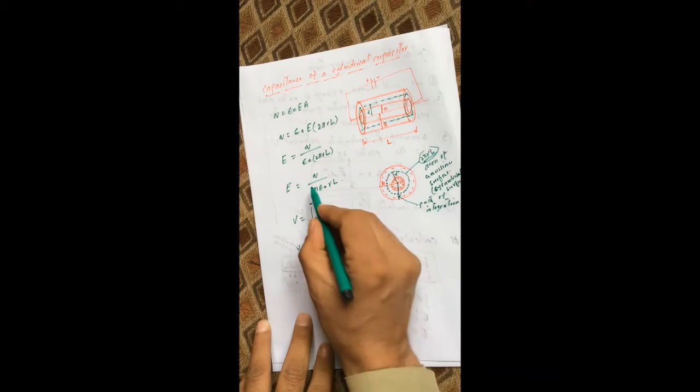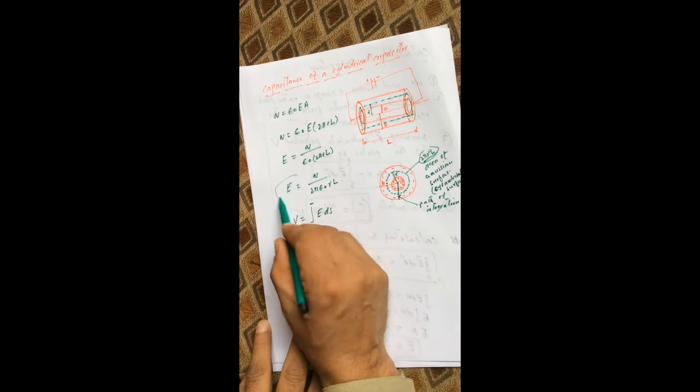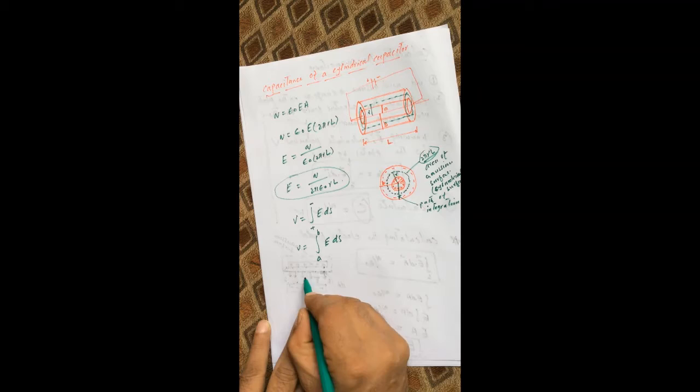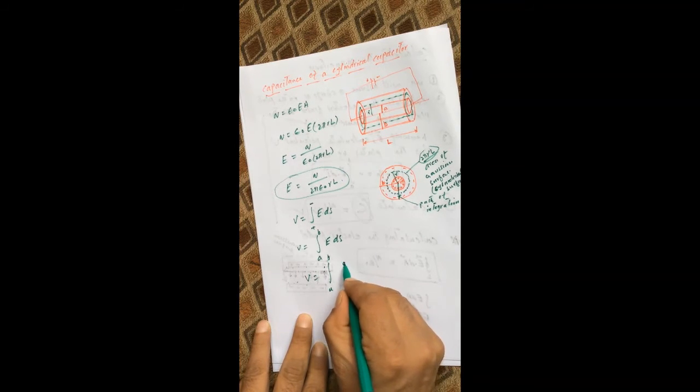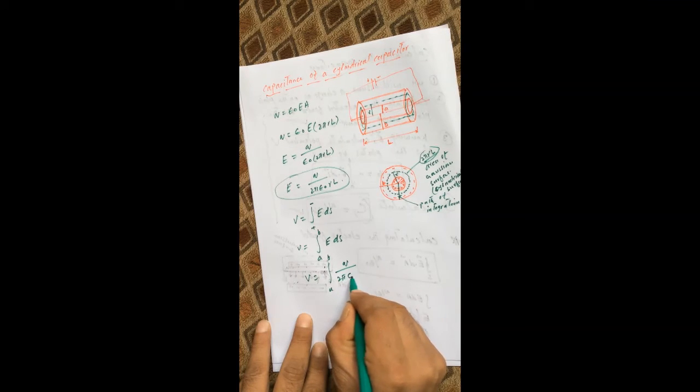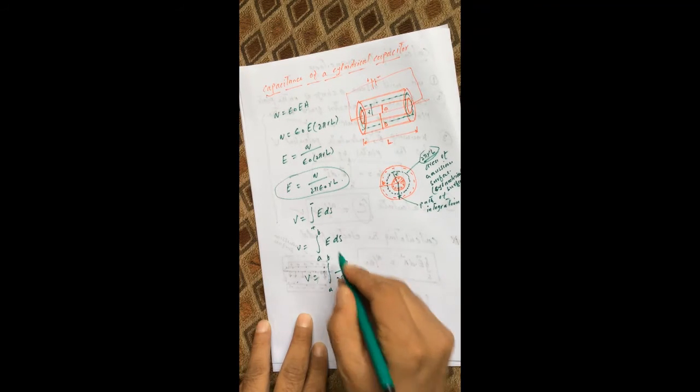Now the E value is already given here. Using this value, we get V is equal to the integral from A to B of Q over 2 pi epsilon naught r L, and we have ds.